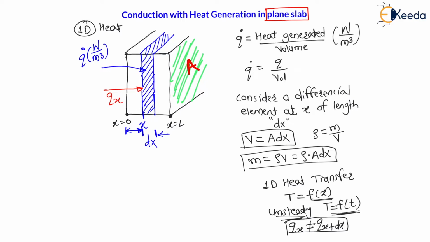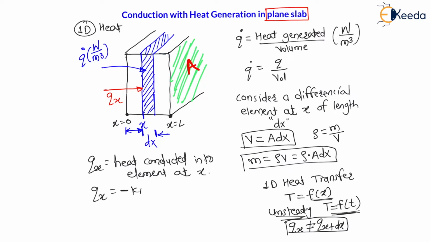Therefore, qx is nothing but heat conducted into the element, into a very small element at distance x. And as per Fourier law of conduction, that we have seen, this heat conducted will be equal to minus kA dT by dx. This will be the heat conducted at location x.